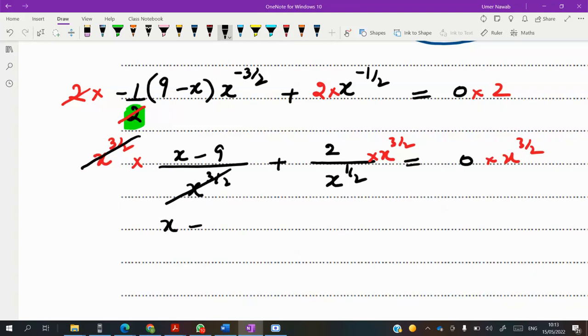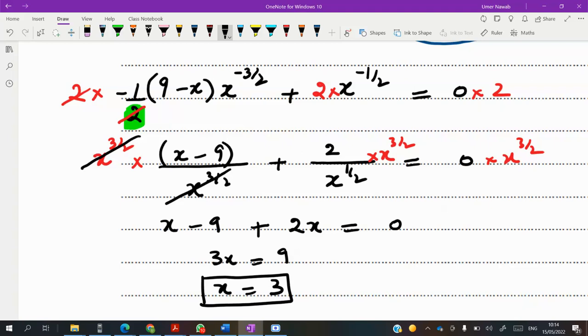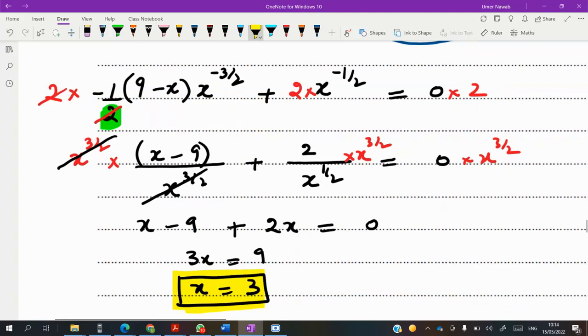So I'm left with x minus 9, and then 3 over 2 minus 1 over 2 is 2 over 2, which is 1. So it gives me 2x equals 0. So 2x plus x is 3x, and minus 9 goes to the other side. I get x equals 3. So the x coordinate comes to me as 3.